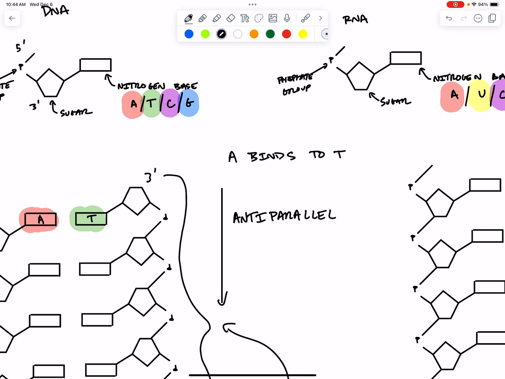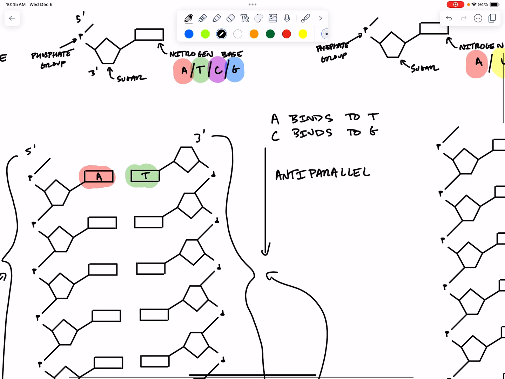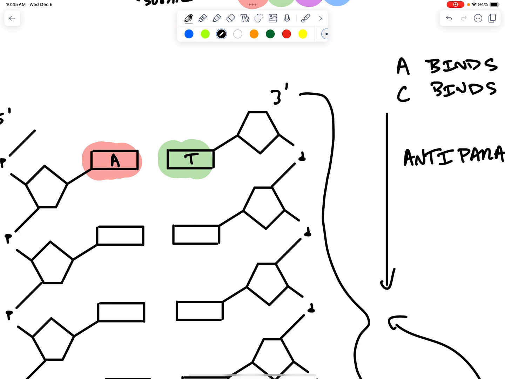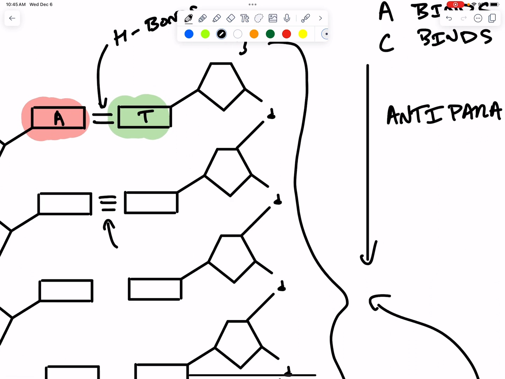So A always binds to T, T always binds to A, and C binds to G. The bonds that hold them together are hydrogen bonds. So the AT bonding pair has 2 hydrogen bonds, and the CG binding pair has 3 hydrogen bonds.